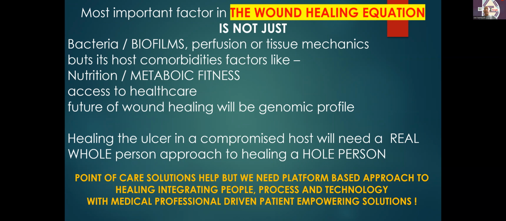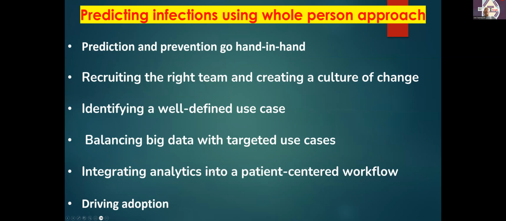Now, the reason to do this is to understand that we have to be able to predictively analyze what's going on and prevent further worsening, and we have to use data. We have to then come up with the right kind of data in the hands of the patient and the professional, recruit the right kind of team, and also create a culture of change wherein we instill positive changes in healing.